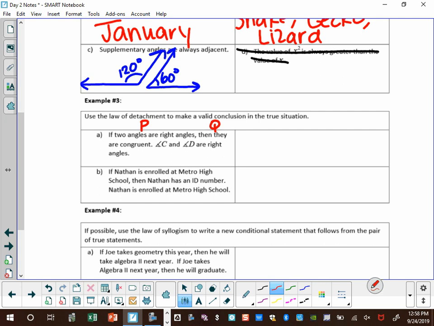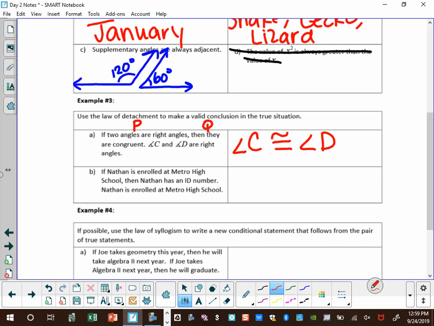They will be congruent. So we can conclude that angle C is congruent to angle D. What we're doing is looking at our hypothesis and our conclusion, and then making our own conclusion based on what they give us.